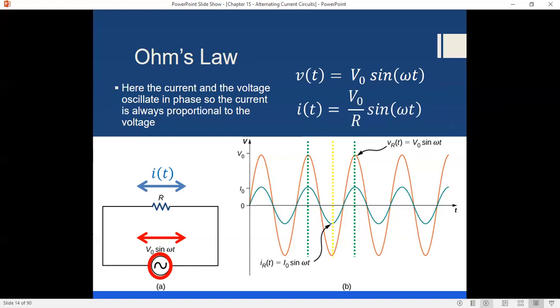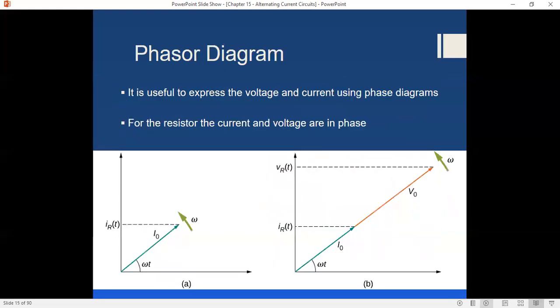Now, because this is the simplest example, I want to show you the phasor diagram for this. Instead of graphing the voltage and current like we see right here, I'm going to graph them using a rotating plot that we call a phasor diagram. Okay, here's how it works. We can imagine that on this diagram, the vertical direction, in this particular case, represents the current.